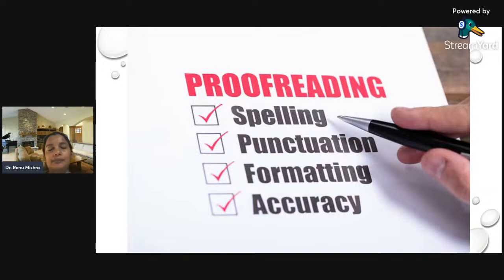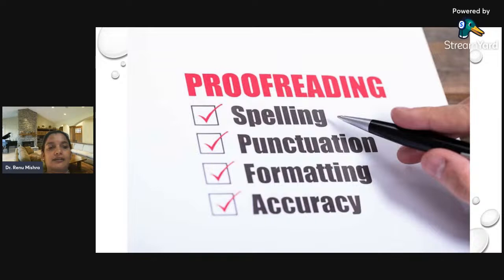I'll tell you my example. When I was writing my thesis, I was in the habit of writing too long sentences. I still sometimes write a sentence which is too long. I find it very difficult to break sentences into short ones. There comes the role of punctuation.